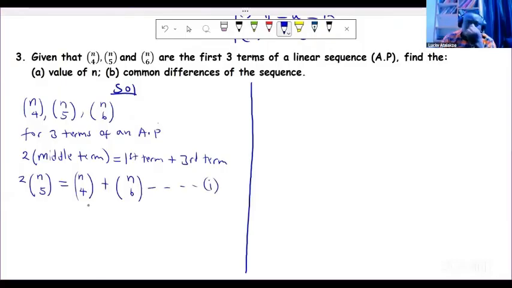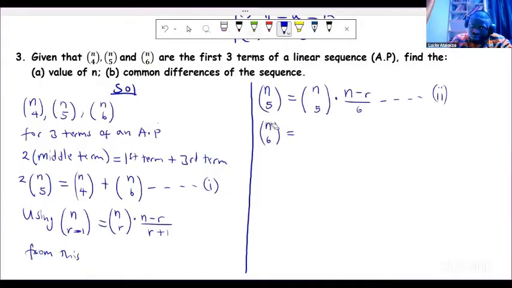Okay. Now, I want to use the combination relationship that says that n combination r, here r is 5. 5 minus 1 is 4, right? Good.